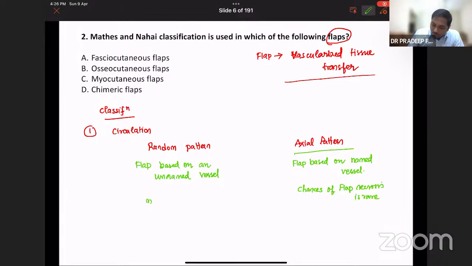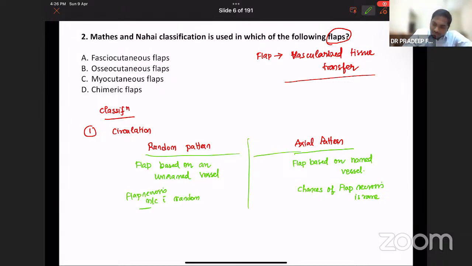It is more common with random pattern, because we might harvest a part of the skin island that is not supplied by the vessel. So the chances of flap necrosis are very high with a random pattern flap.